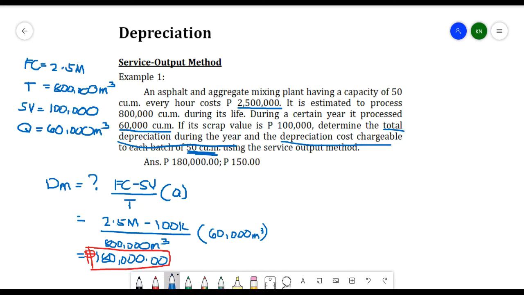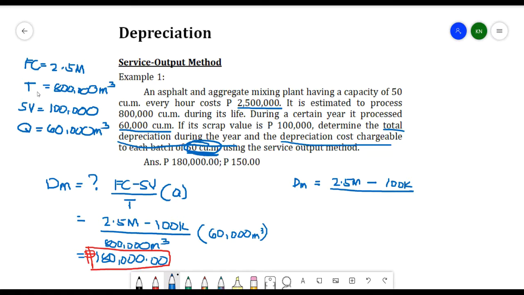Next one is the depreciation cost chargeable to each batch of 50 cubic meters. So we now have to find our DM. We have FC, which is 2.5 million minus 100,000. Actually, it's the same process and the same formula, but we need to have our Q as 50 cubic meters.